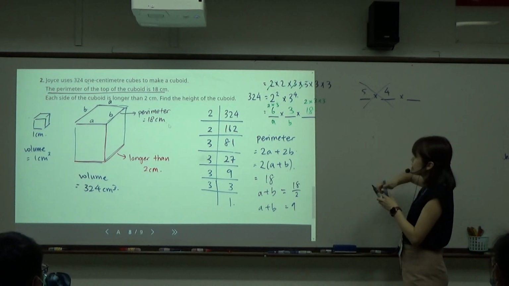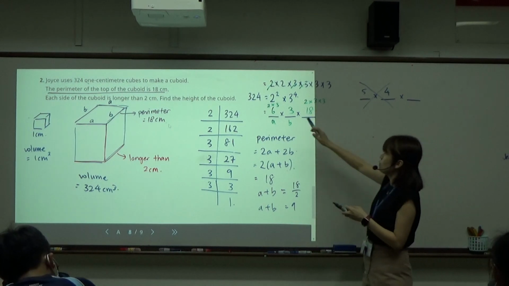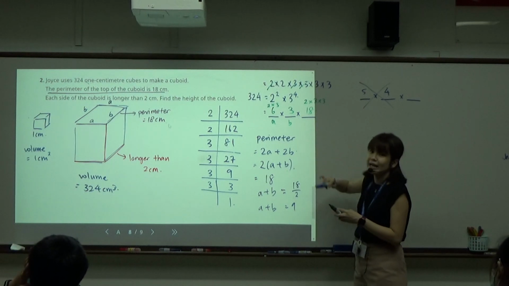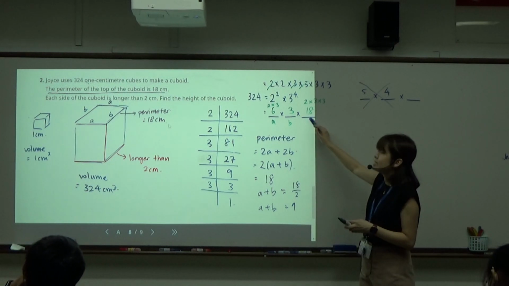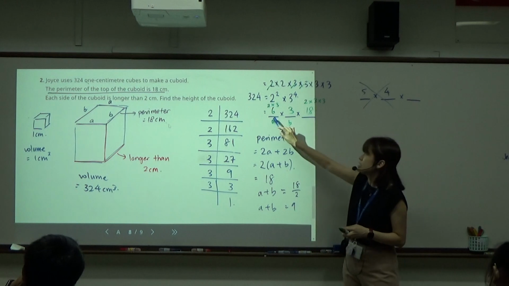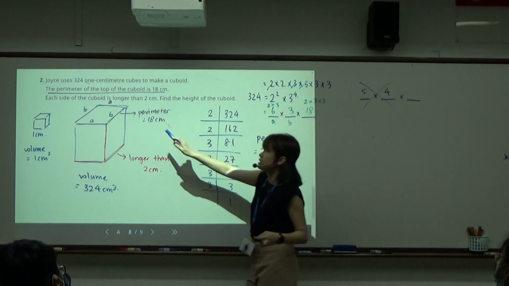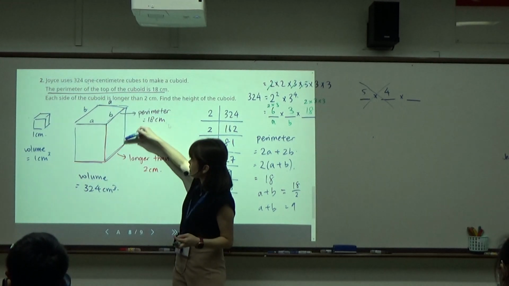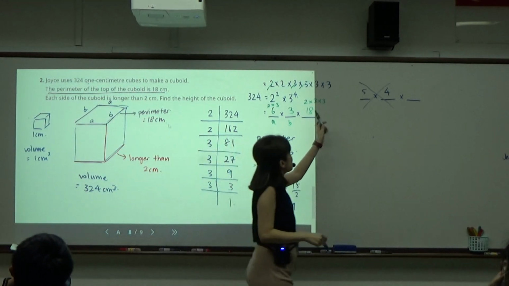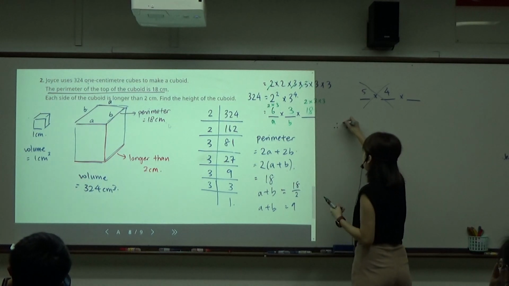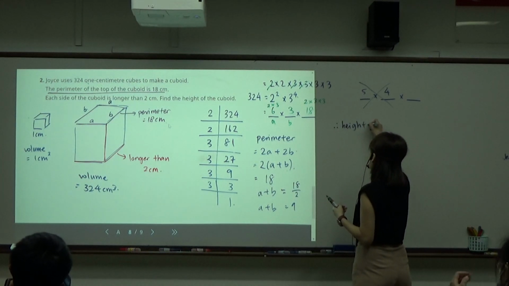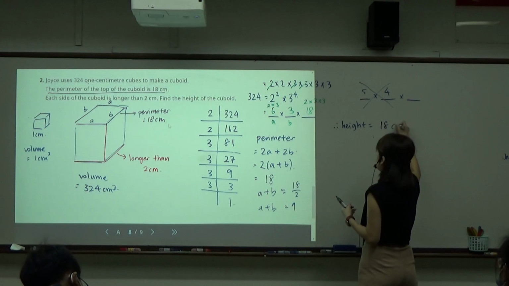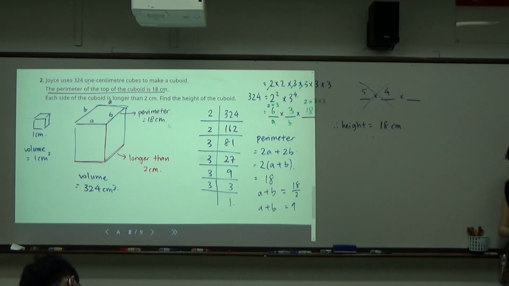So that's why our answer in this case will be 6 times 3 times 18, and the height of the cuboid must actually be 18, because 6 and 3 form the perimeter of the top of the cuboid already. This thing is what we call the height. And that height must actually be 18. So therefore, height equals 18 cm. Okay? Any questions?